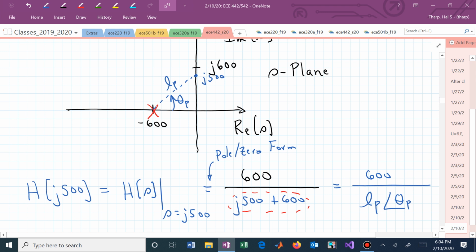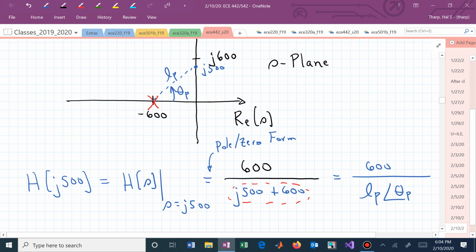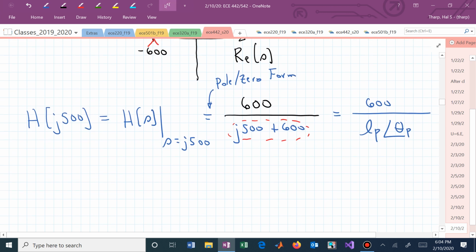Is it at 45? Is it above 45? Is it less than 45? It's less than 45. You can see that from this. We're not quite to j600, and we know that the magnitude of L sub p is not quite the square root of 2 times 600. So we can now find that.